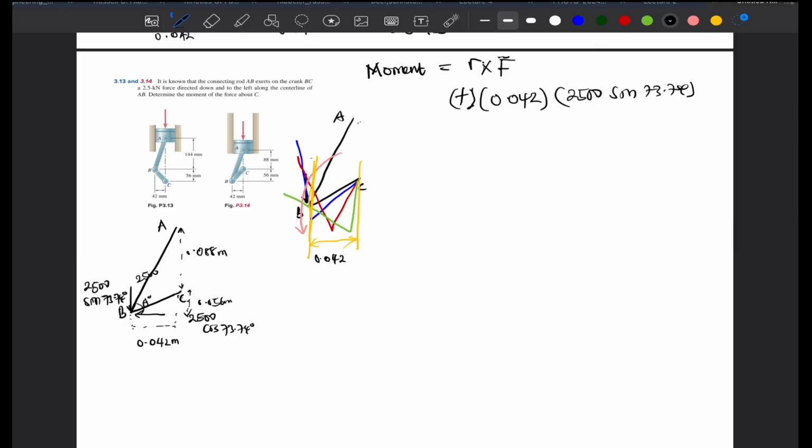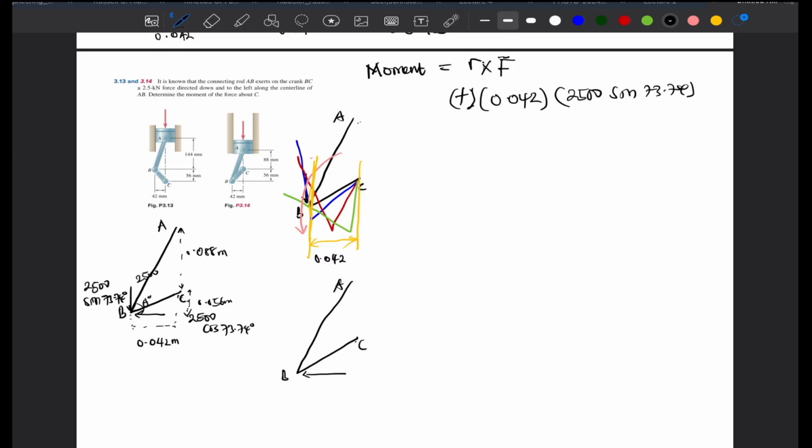Then we look at the horizontal component next. We draw a free body diagram, A, B, C. Then we say if the force is acting here, in which way is it going to tend to move our body ABC? If it is nailed at C, and we have a force acting horizontally at B. So with this, you can see that if a force is acting horizontally at B, we can expect it to move our body this way.